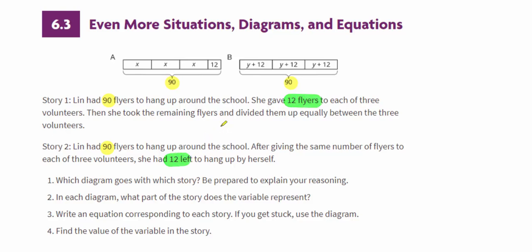There's a 12 here, and there's a 12, and then we have 12s here. So how am I going to decide which one goes with which? Because there's 12s in both of these. There's 90 total in both. So let's look at the stories themselves and see what kind of picture it tells.